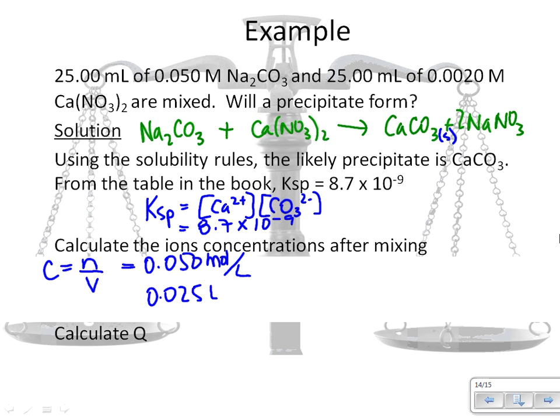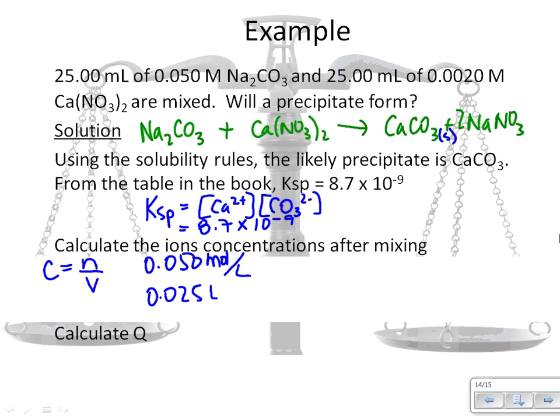Let me write this a little bit better. So there's your concentration and your volume, but your volume is going to change when you add another 25 mL of your other solution.